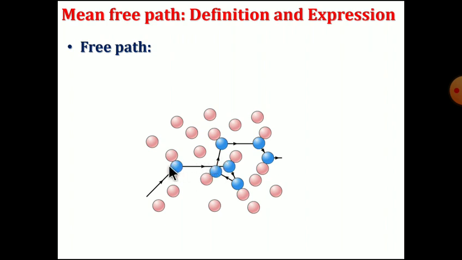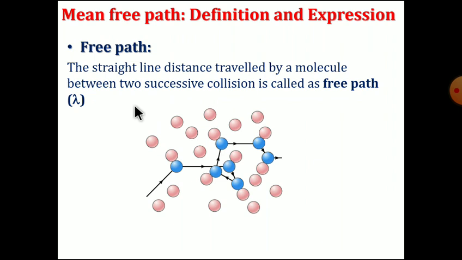Between these two successive collisions, the path traveled by the gas molecule is a straight line. That path we call free path. Therefore, we define the free path as the straight line distance traveled by a molecule between two successive collisions.